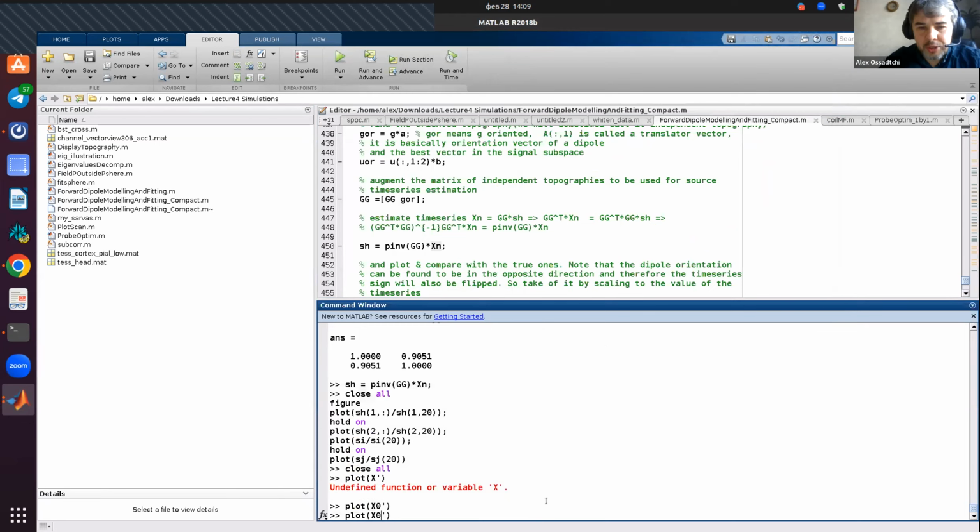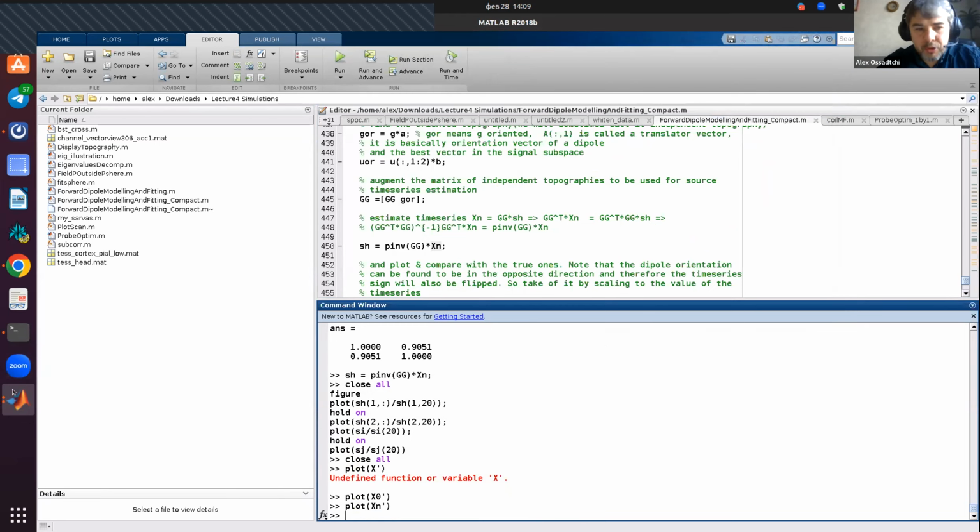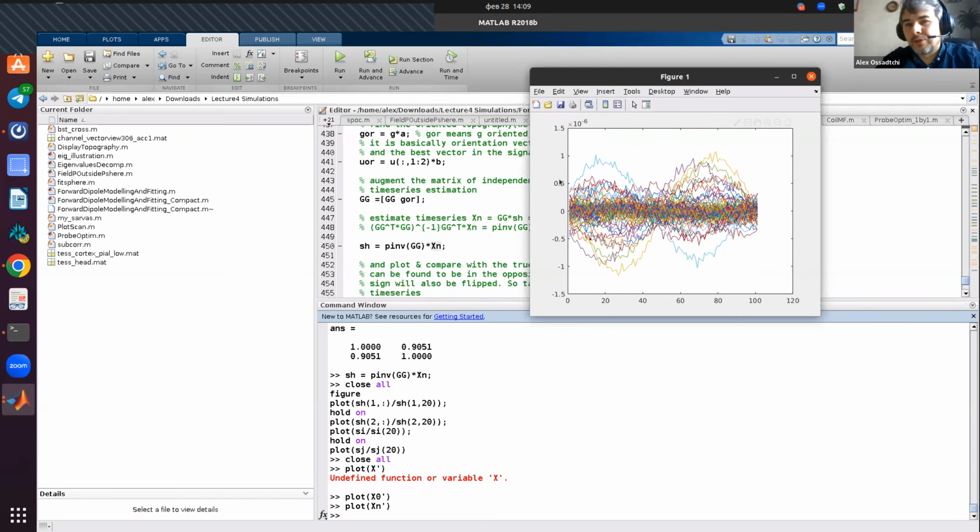This is your noisy data, but because you always have noisy data, that's what you have. We applied the pseudo inverse to this data, and this noise, of course, leaked into the estimate of the time series. This is normal. This is logical, I would say.